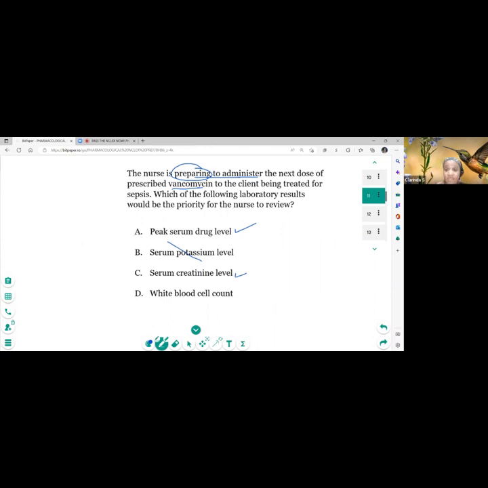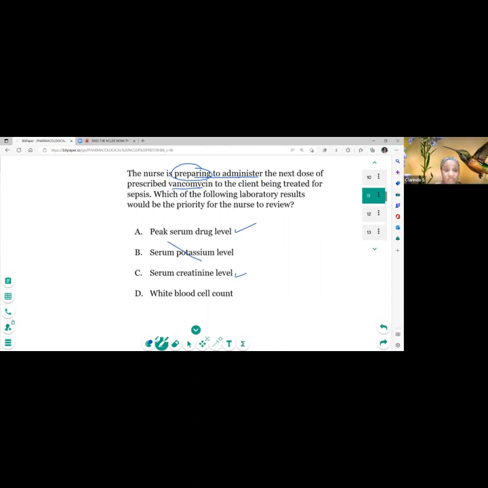All right, we got one more to eliminate or keep. Hopefully, we can eliminate white blood cell count. Do we want to review that before we give this medication? White blood cell count prior to administering. Yeah, no. Although they have an infection, whether that white blood cell count is high, and I agree, it is going to be high if we're still treating sepsis, it wouldn't depend on whether or not we're going to still give that medicine.